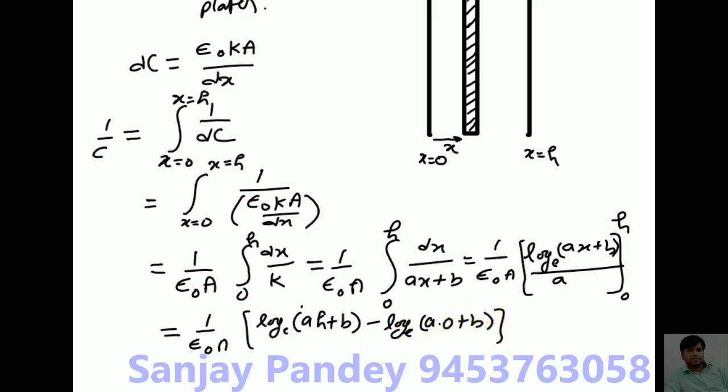It is your lower limit. It will be equal to 1 upon, it is a, and total upon a.